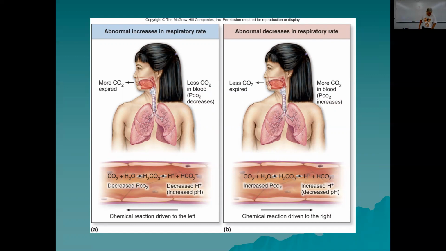And angiotensin 2 has several effects that are going to raise blood pressure. It causes systemic blood vessels to constrict. It decreases GFR in the kidneys. It makes you thirsty, so you drink more. And it stimulates the secretion of aldosterone.